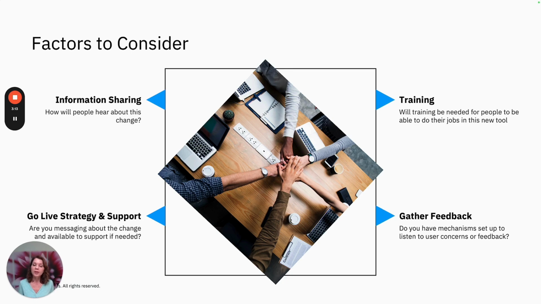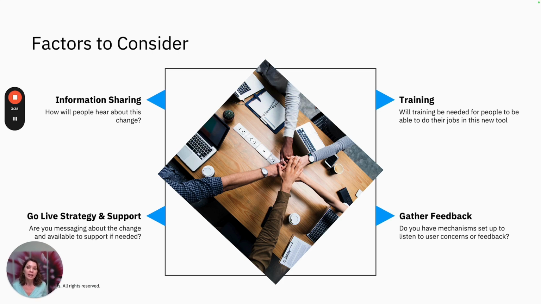Let's gather feedback. We need to give people an opportunity to tell us why we have potentially missed something, or why this won't work for them, or just let them voice their concerns and talk those through with you. You're going to get a much higher adoption rate if you allow people to have some sort of feedback mechanism.